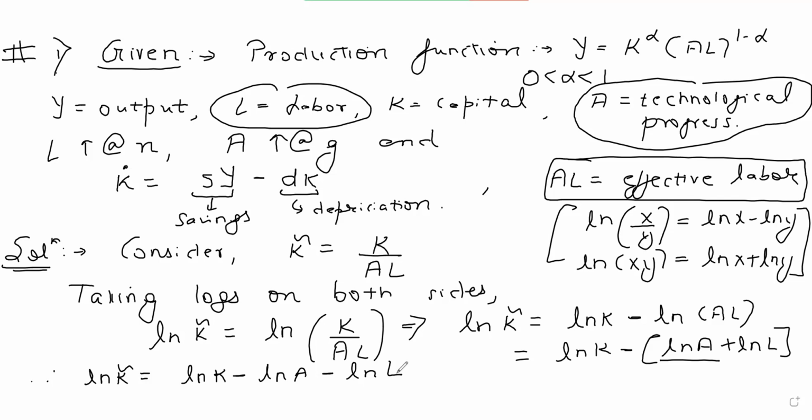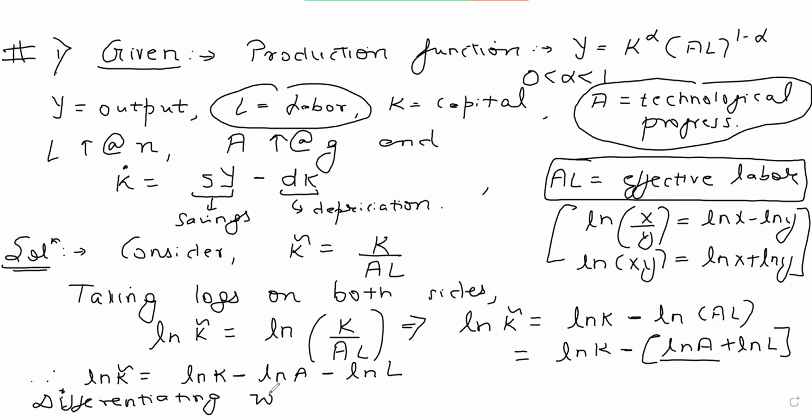And now I am differentiating the above equation with respect to time. So I can say differentiating. Why am I doing all this? Why am I taking logs on both sides? The reason is I want to find the growth rate of capital stock per effective labor. To find the growth rate of capital stock per effective labor, I take logs and then I differentiate with respect to time.